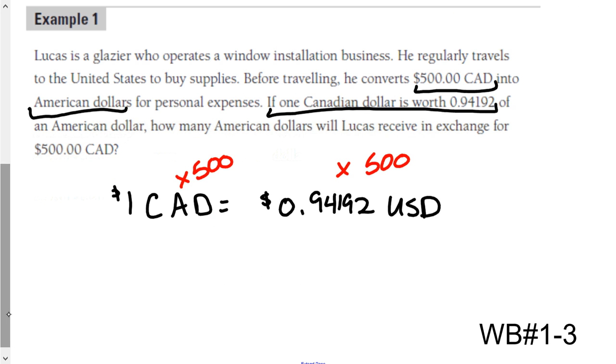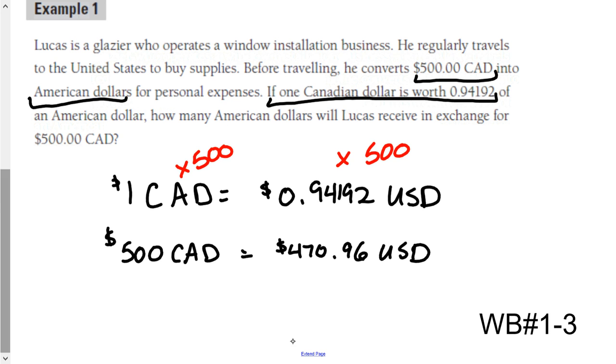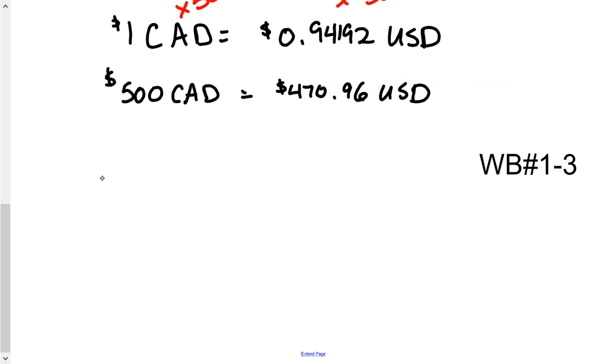You could also do the same thing and set it up using proportions. Either way is fine. So now we know that 500 CAD is equal to $470.96 US dollars.